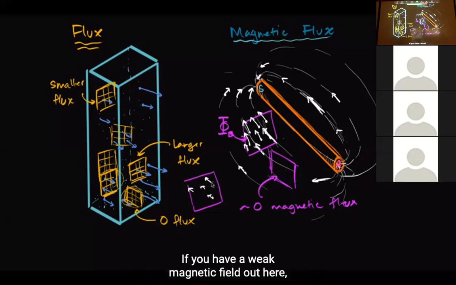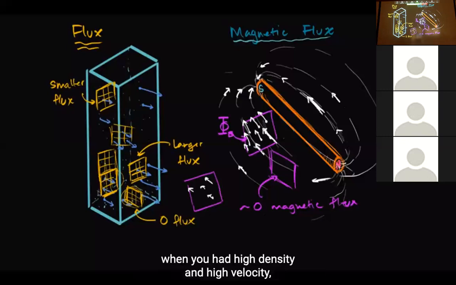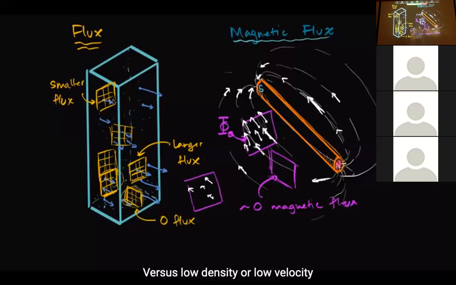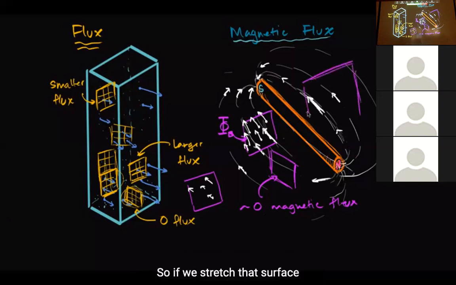If you have a weak magnetic field out here, the flux is going to be lower than if you have a strong magnetic field. That's analogous to when you had high density and high velocity, that was a lot of flux, versus low density or low velocity, that is lower flux. And also, we could increase the total surface. So if we stretched that surface, or we had a larger surface right over here, the flux through this surface is going to be larger than the flux through this surface.